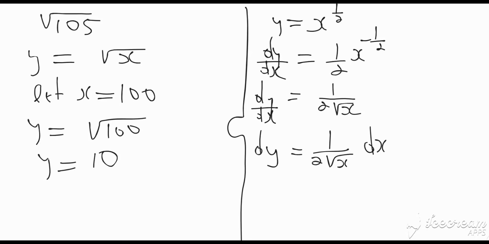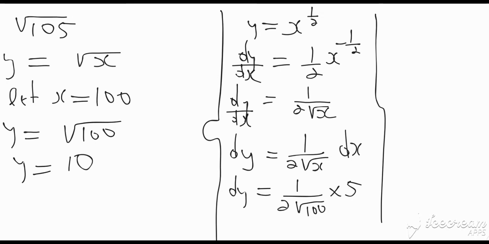Bear in mind that since we want the square root of 105, the change in x would be 5. So I'm going to have the change in y is equal to 1 over 2 times the square root. Bear in mind that x was equal to 100, times the change in x, which is equal to 5.